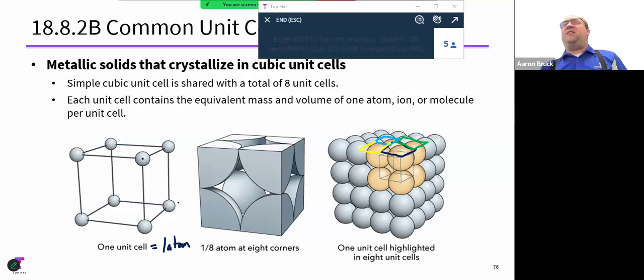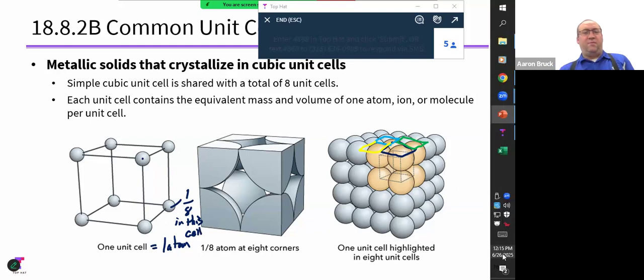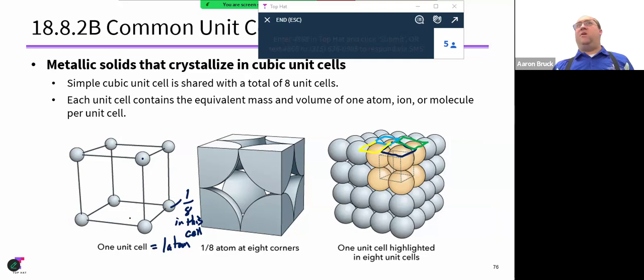Each corner is in 8 different unit cells. So that means that each corner is 1/8 in this cell and 1/8 in all the other cells. 8 corners times 1/8 is 1. 1 atom in this unit cell.